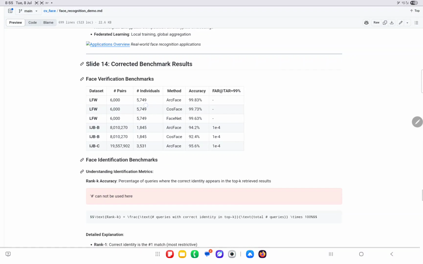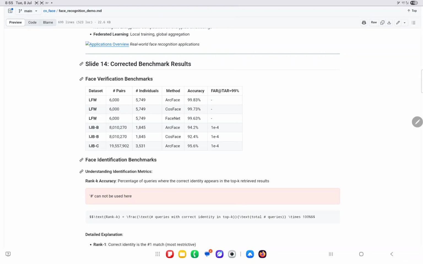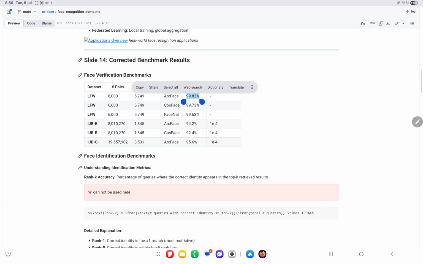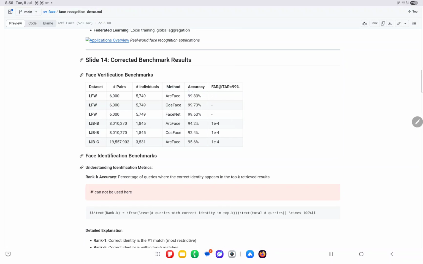This one is the best accuracy for face verification purpose. The best accuracy is still not 100%, and the distribution is not completely separated for matching and different faces. There is still some overlap. Here you can see it is not 100%, and this is the state of the art result.